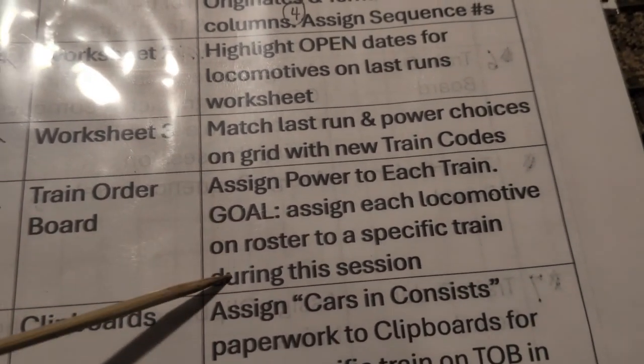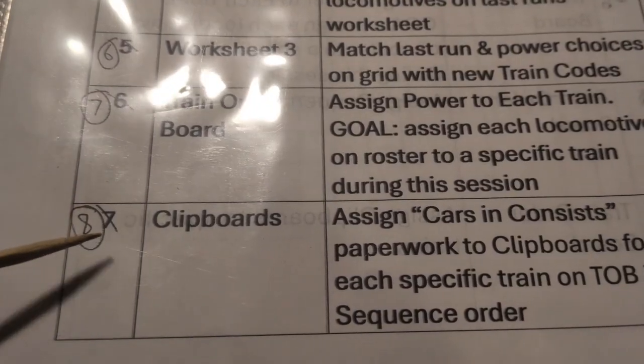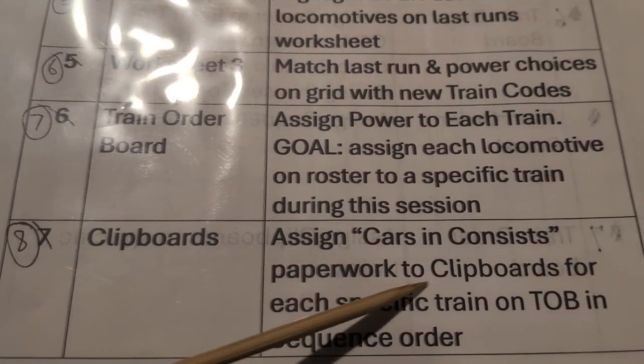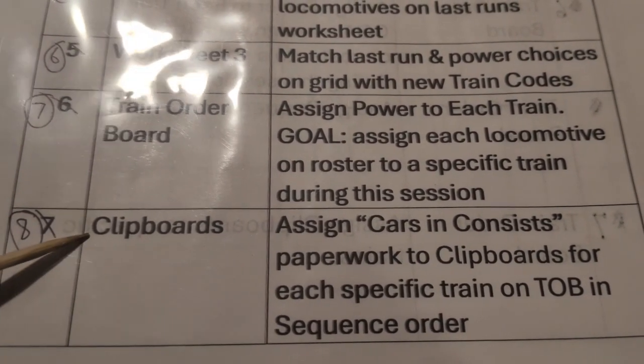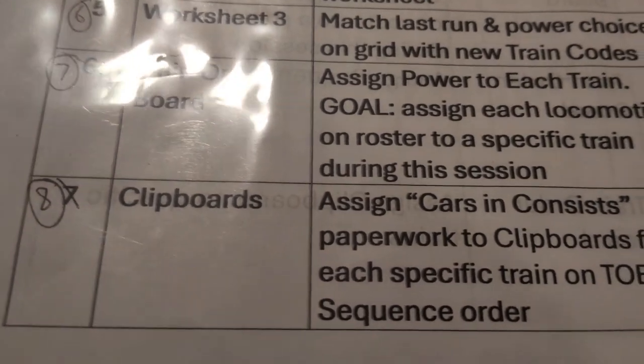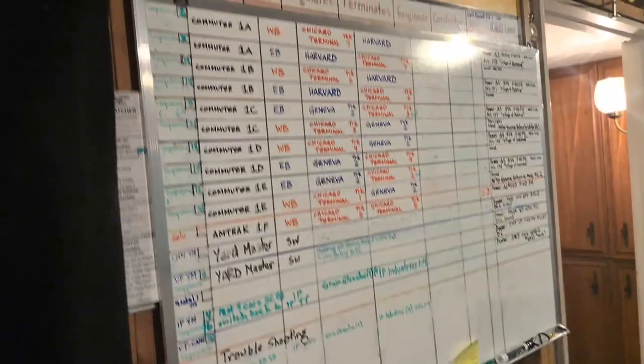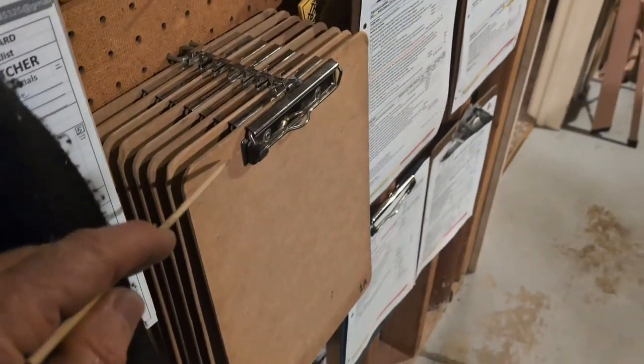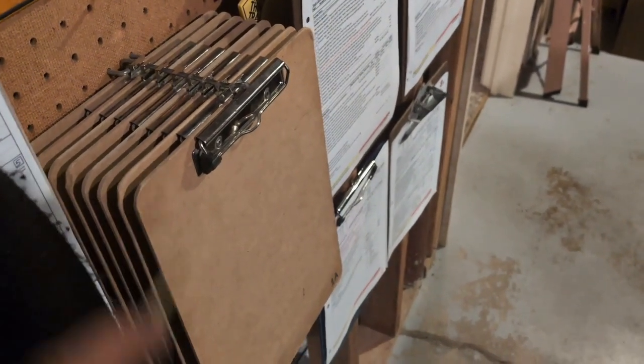And so I just showed you that, and now I have to assign cars and consist paperwork to each clipboard. So the clipboards, I'll show you where those are. They are right below the train order board right here, and you can see they're all empty.